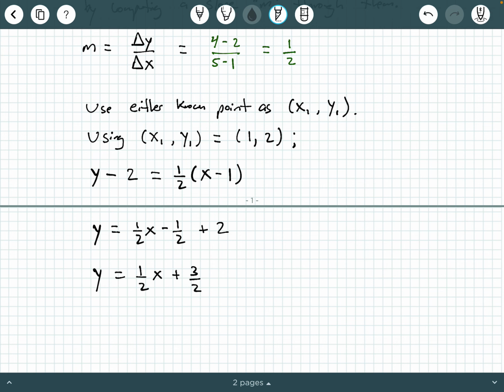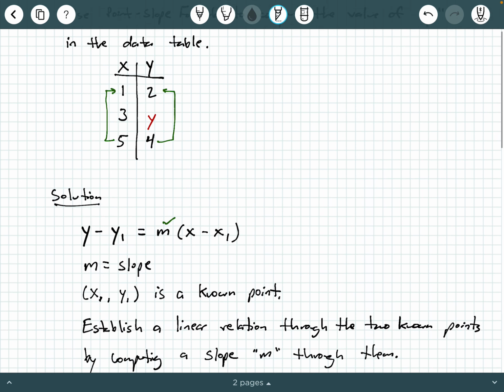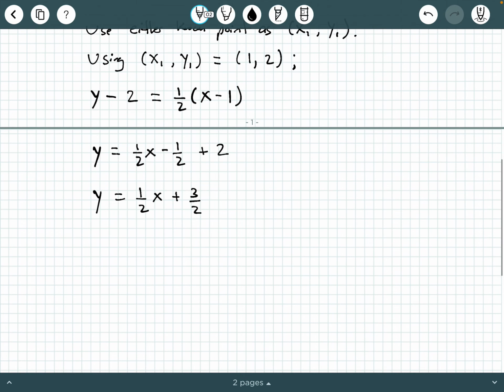Now what we want is the value of y when x equals 3. So all we need to do now is substitute x equals 3 into the equation that we built through those two known points.